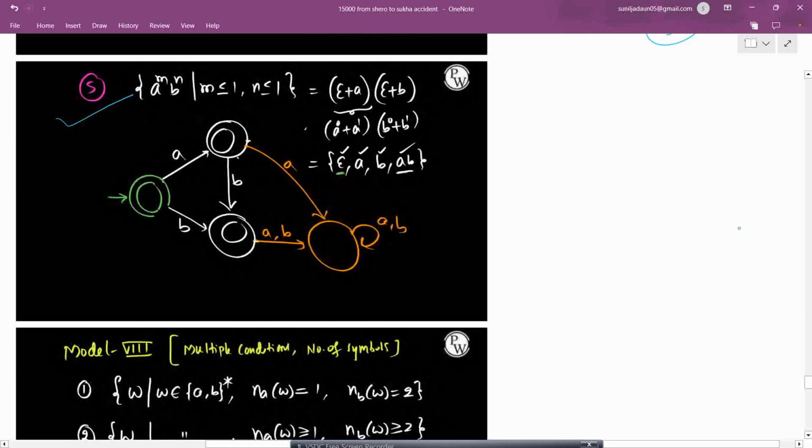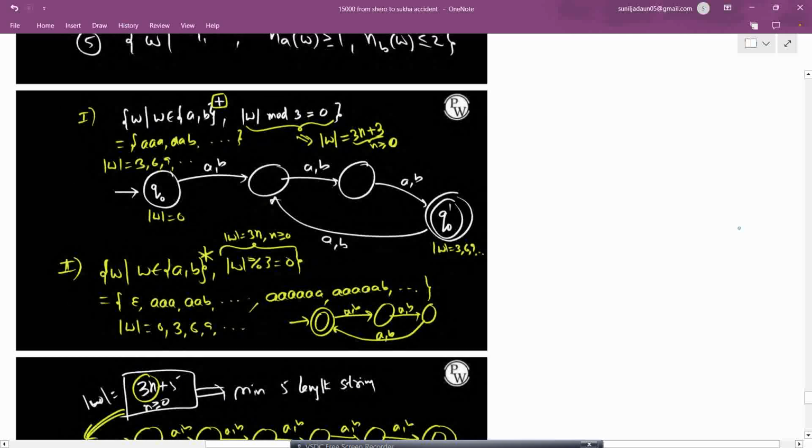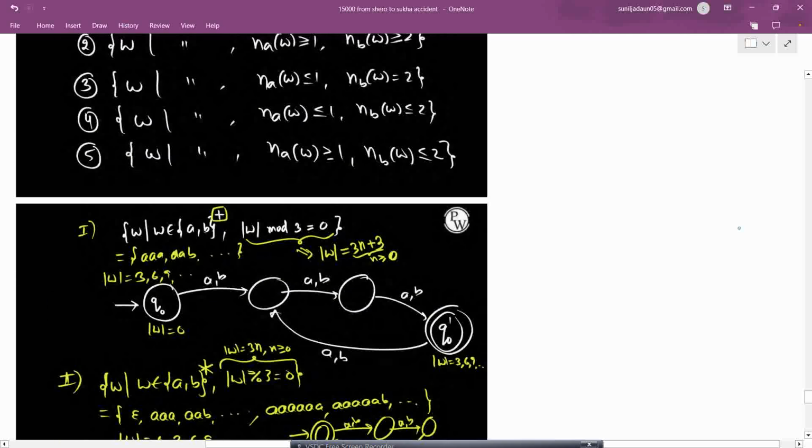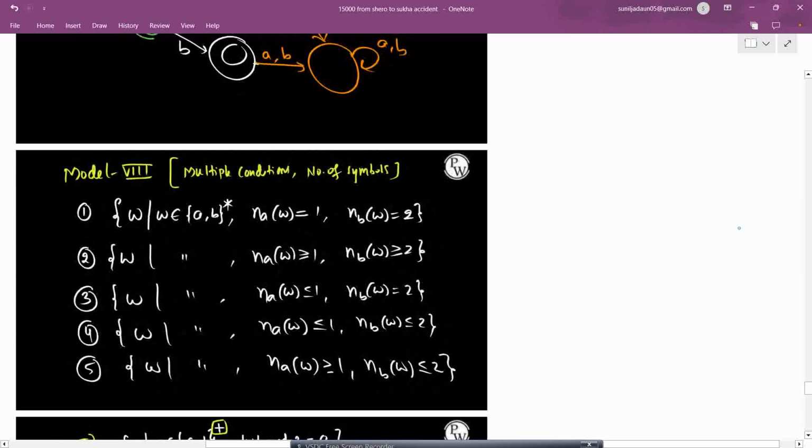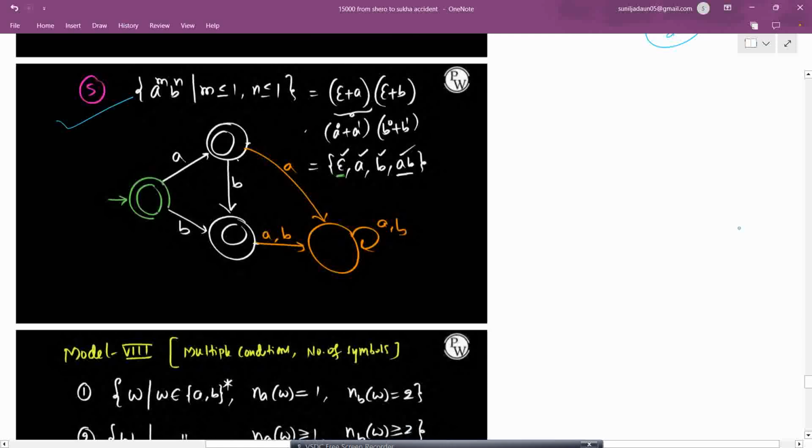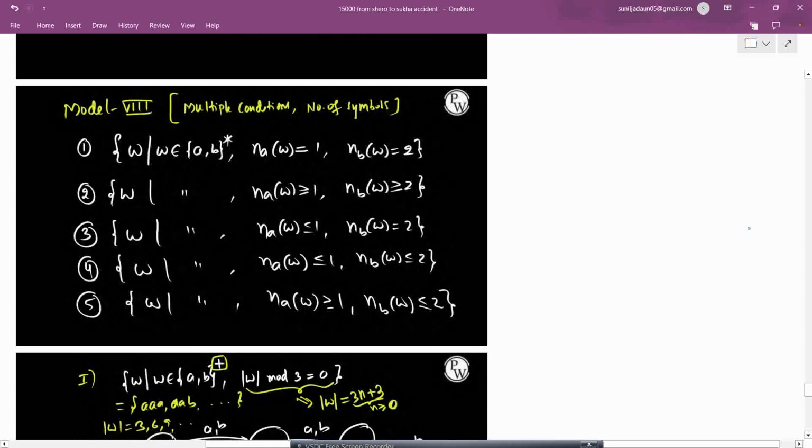These are some questions, I think, from logical questions. Yeah, multiple conditions and number of symbols. What is this? w belongs to a comma b asterisk. All right.